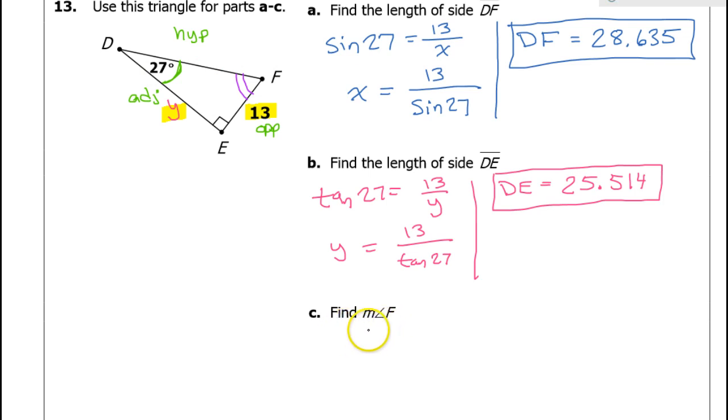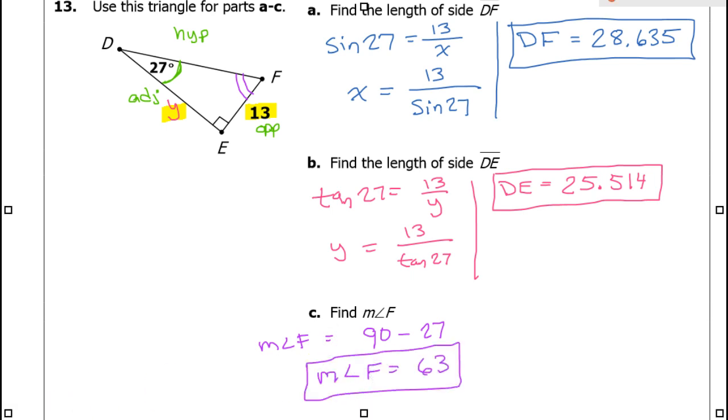So I'm just going to do 90 minus 27. So the measure of angle F is 63 degrees.